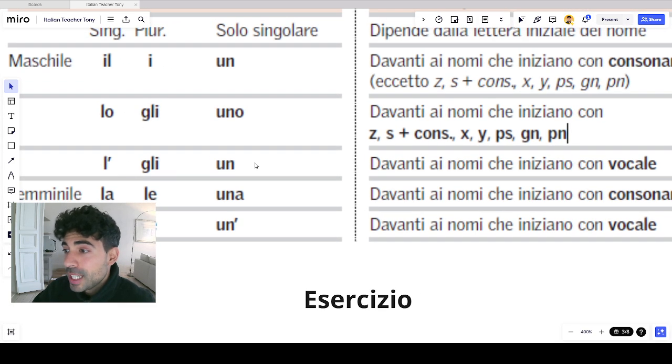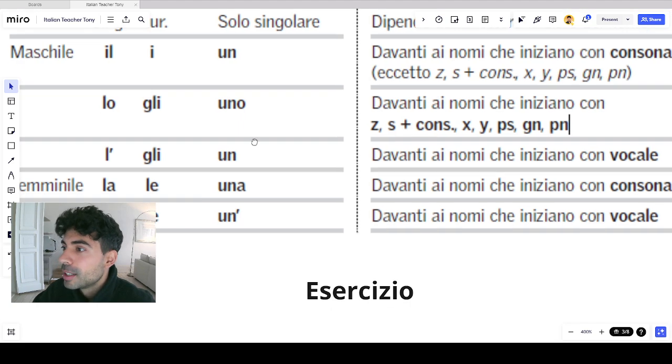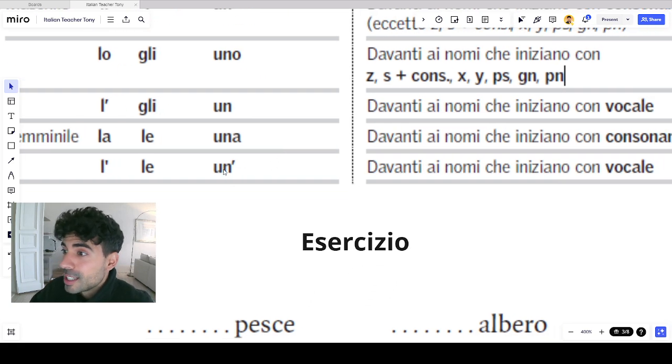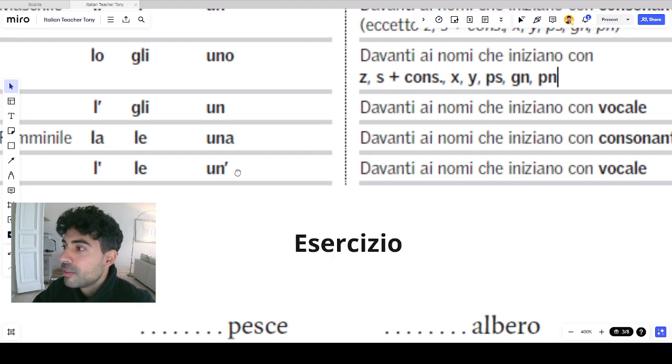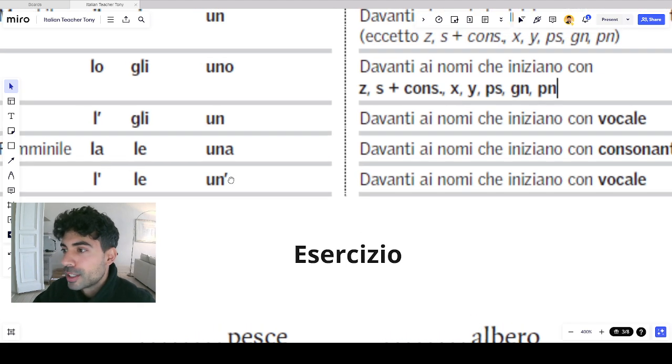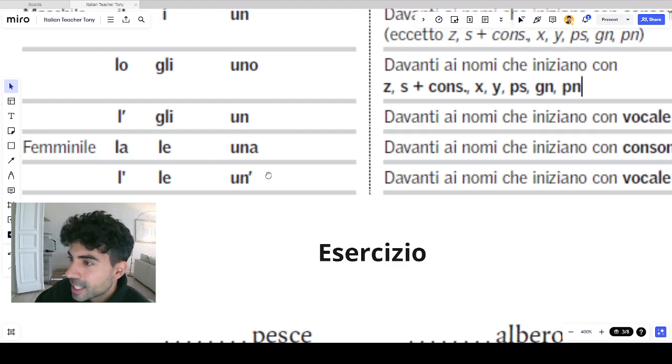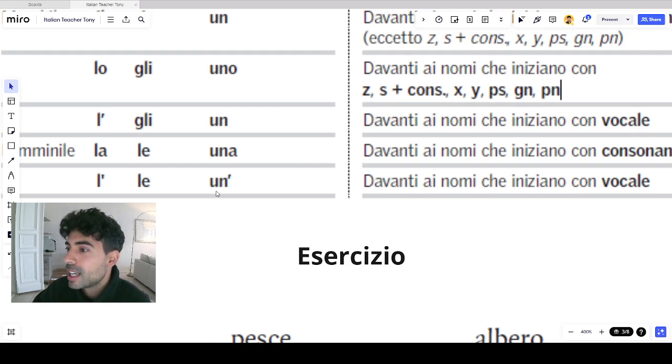Be very careful that un without apostrophe is masculine singular starting with a vowel, because feminine singular starting with a vowel is un'. So you put the apostrophe only when it's feminine singular. The translation would be an orange, for example: un'arancia.